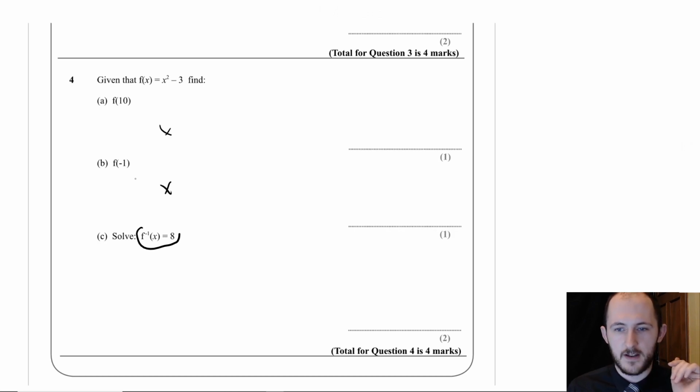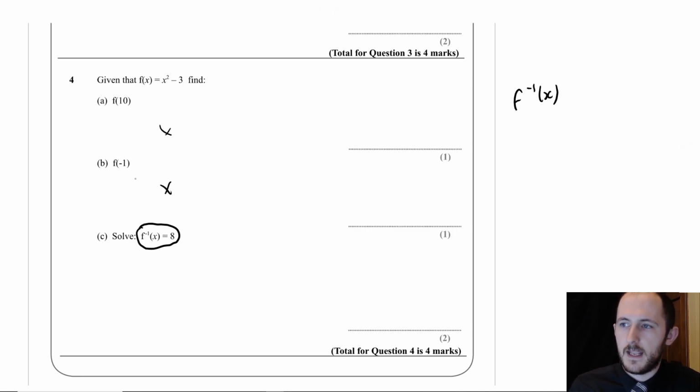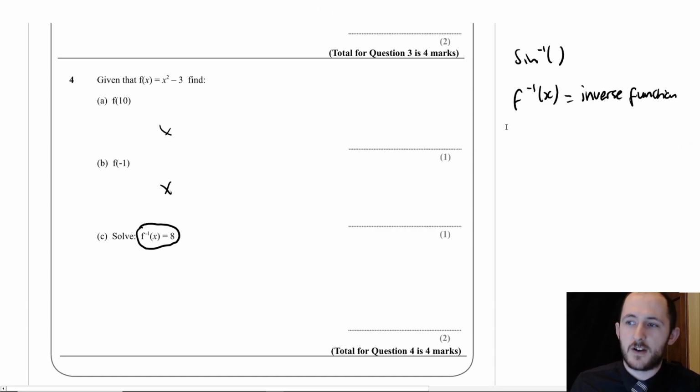This, however, is a bit interesting. F of minus 1 is something called the inverse function. So if you remember when we did trigonometry, when you have sine inverse, it's the inverse function of sine, right? So this is the inverse function. This function here takes x, squares it, and then subtracts 3.